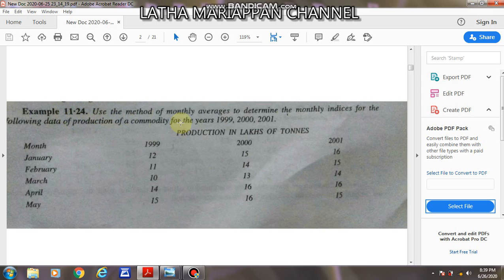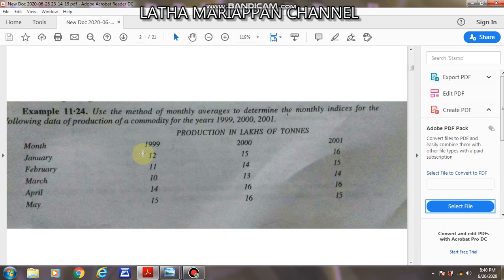Use the method of monthly averages to determine the monthly indices for the following data of production of a commodity for the years 1999, 2000, 2001. They gave three years of production in lakhs of tons, with the months.